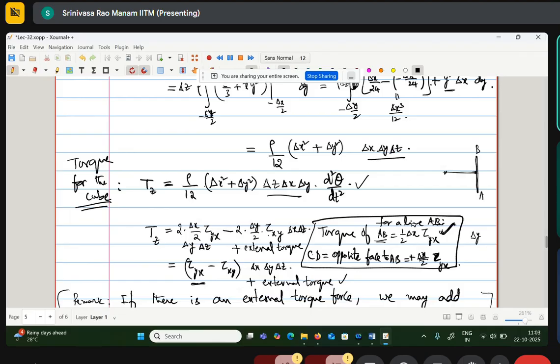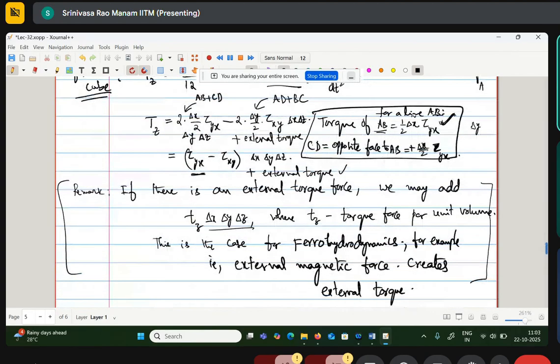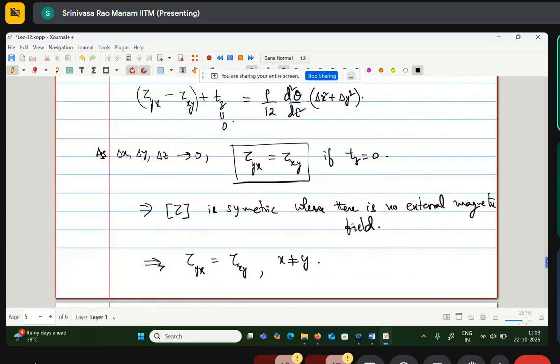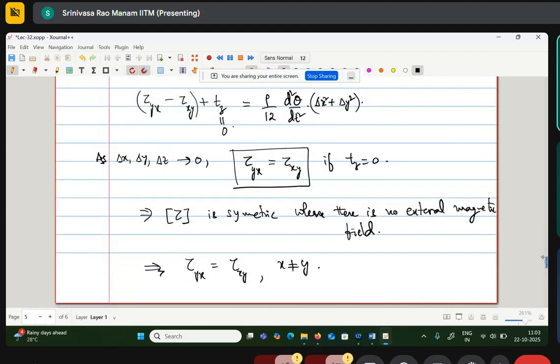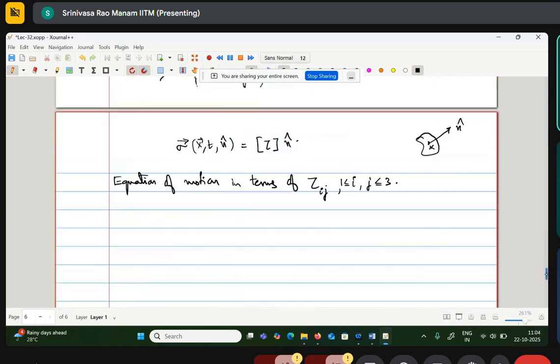This corresponds to AD plus BC, and that corresponds to what we have done already, AB plus CD. So that's how you get this. If you equate these and finally allow that delta x delta y cube to become 1, you basically show that it is actually symmetric. So that is what we have done so far.